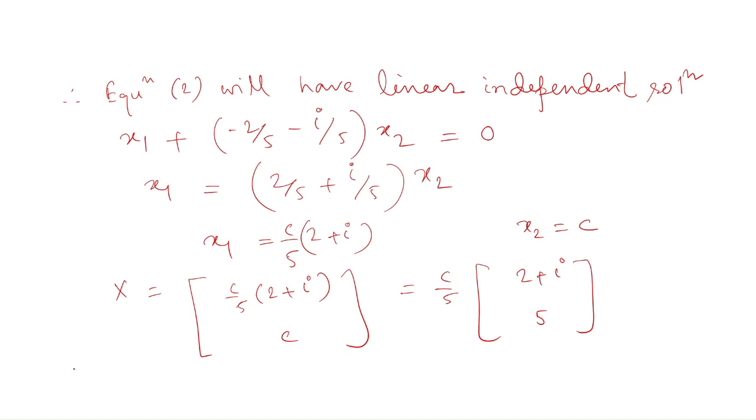Now say x1 is the corresponding eigenvector for lambda 1 equals i. So x1 is (2 plus i, 5). Now you find yourself the eigenvector corresponding to the eigenvalue lambda 2 equals minus i.